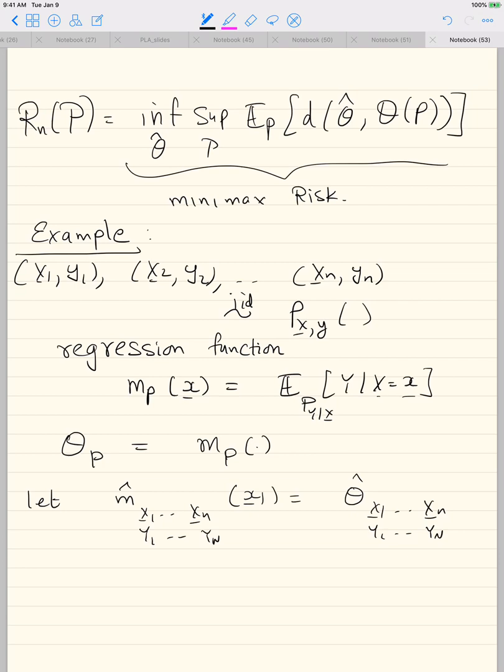And so what I want to do next is define the distance between theta hat and theta of P. This will be the distance between my m hat function and mP, and this can be, for example, the squared error.